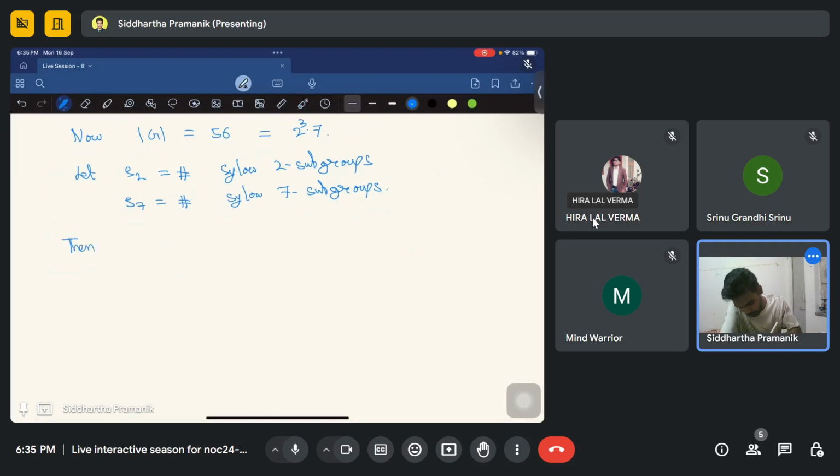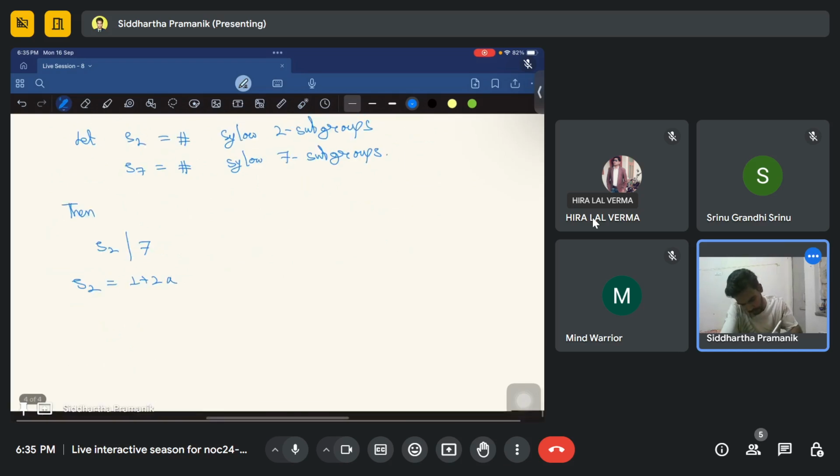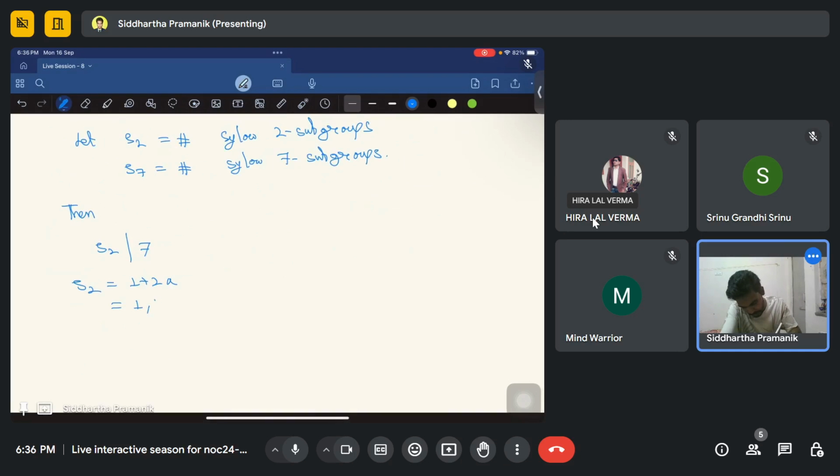Then S2 must divide 7, and S2 is of the form 1 plus 2a. That means it can be 1, 3, 5, 7, 9 and so on. But since it has to divide 7, we have only two choices. So S2 is either 1 or 7.